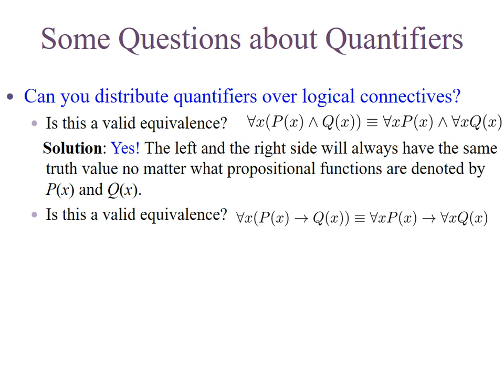That means for these 10 elements, q of x is also true for all elements. So these 10 elements have the property p of x and q of x. So you can see these two Venn diagrams are not equal, right? They have different meanings for these two predicate logic statements.